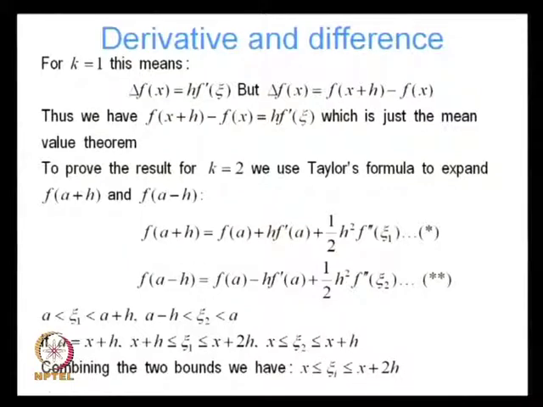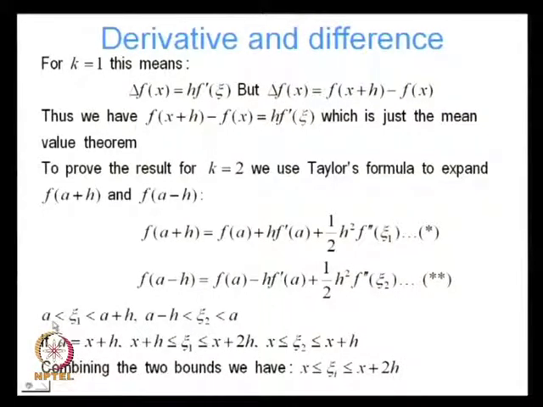If I use Taylor's formula on f of a plus h, I get f evaluated at a plus h f prime a plus this remainder term, where xi 1 belongs to the interval a to a plus h, because I am evaluating it about a. Now, let us look at f of a minus h, which is equal to this term plus this term, and xi 2 must belong to the interval a minus h to a.